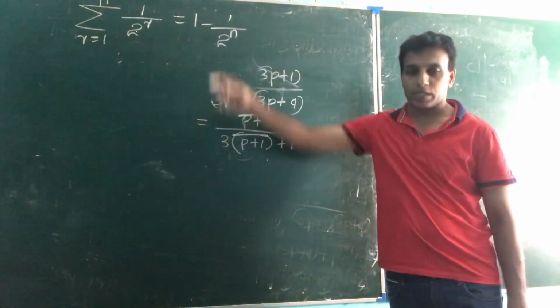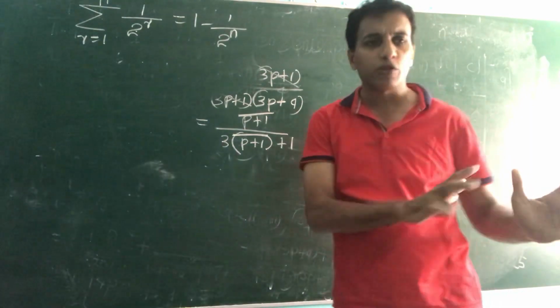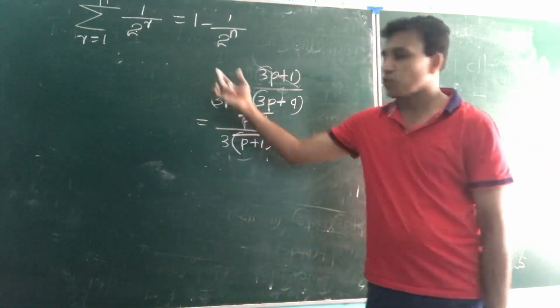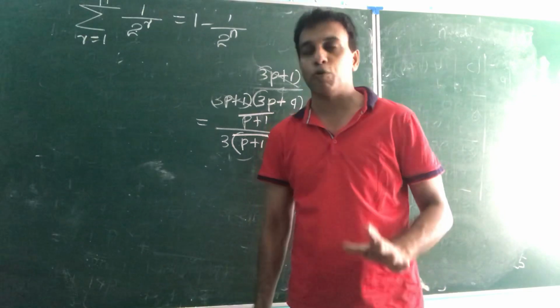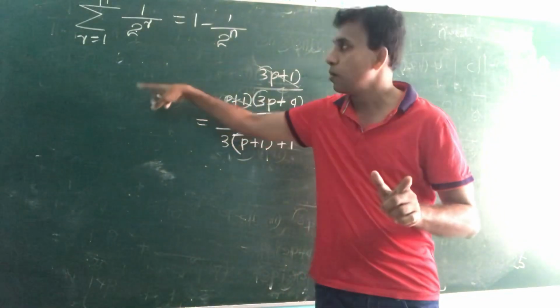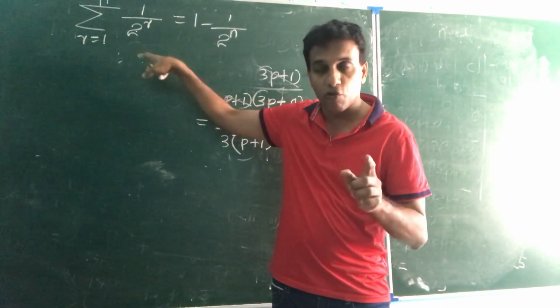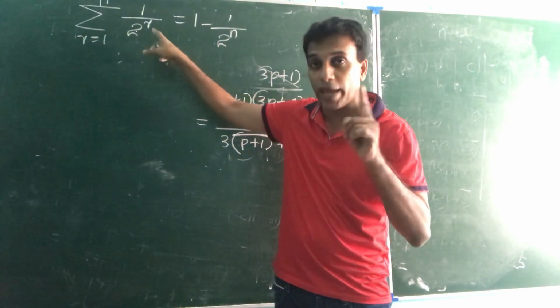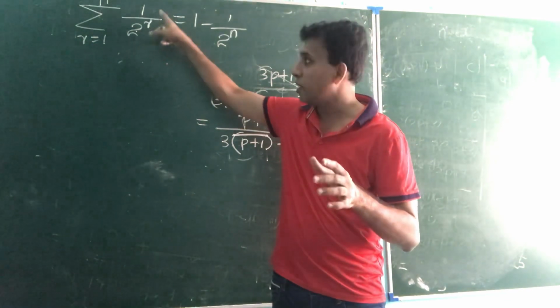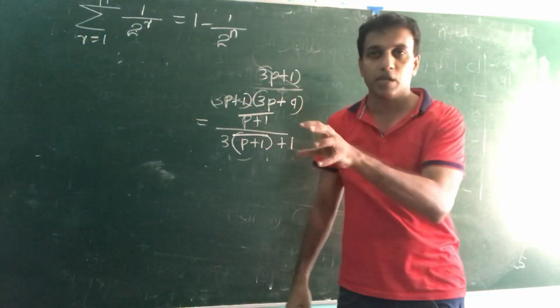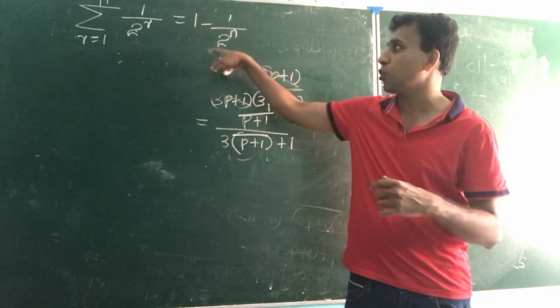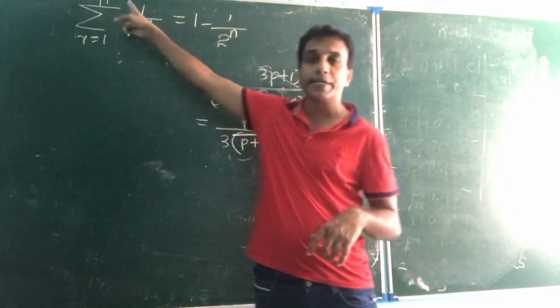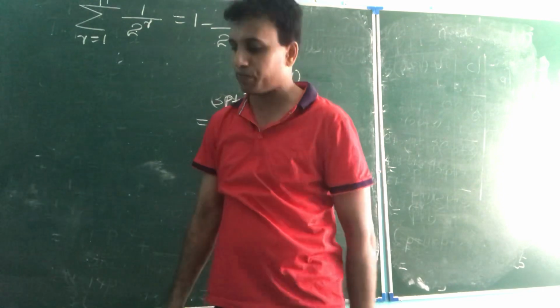Most recent papers put the sigma notation. What does sigma mean? Addition. Put r for 1, 1 over 2. Put r for 2, 1 over 4. Put r for 3, 1 over 8. Put r for 4, 1 over 16. All added up to n terms.